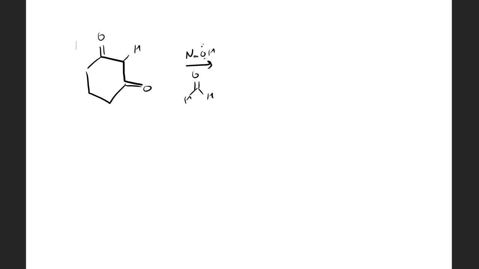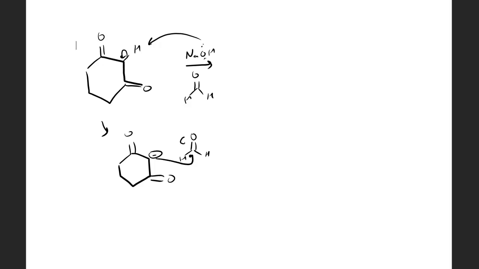So in the first step of that reaction, we would deprotonate that, putting the negative charge on that carbon there. So cyclohexane, double bond there, negative charge there. Now we've got a nucleophile, so we can attack that carbonyl carbon there and put those electrons there.